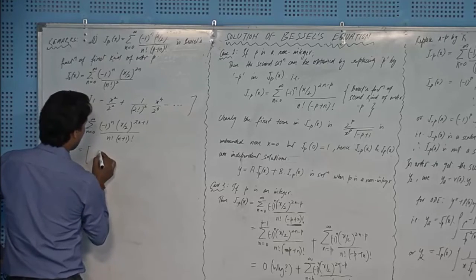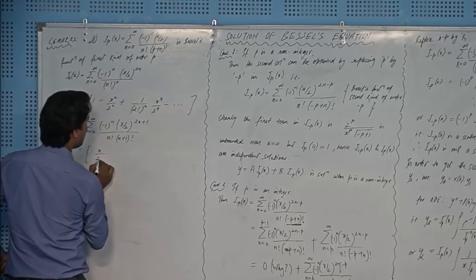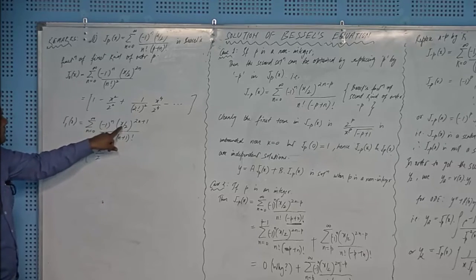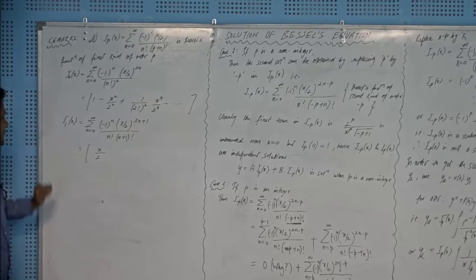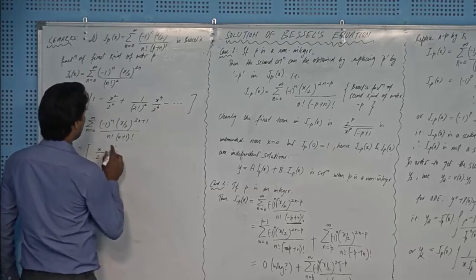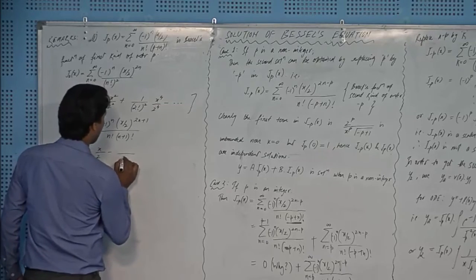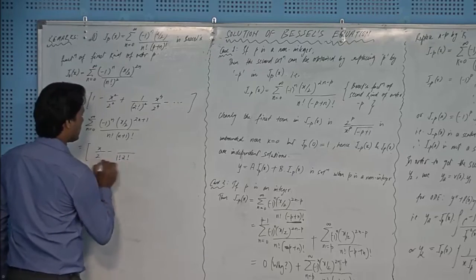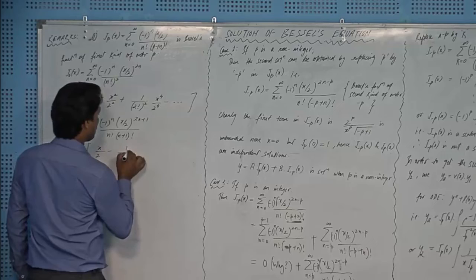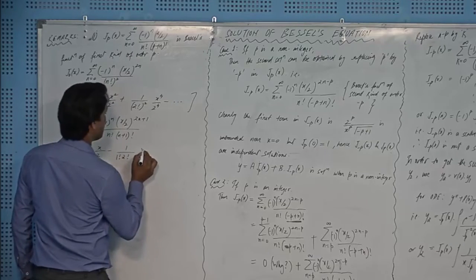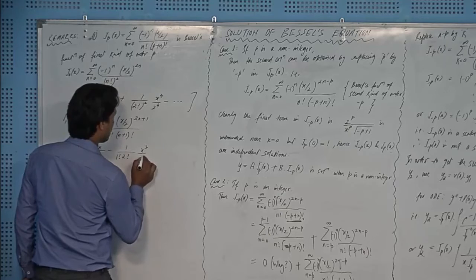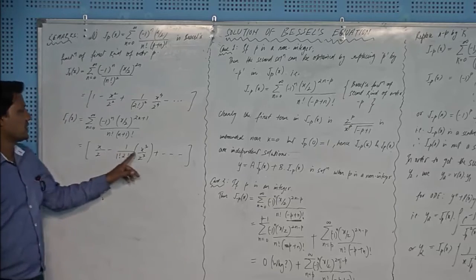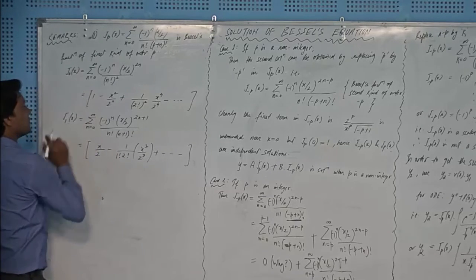The second term will be negative, with 1 factorial 2 factorial, and x cube over 2 cube, and so on. You can see that all of those terms contain x. This is J0, this is J1.